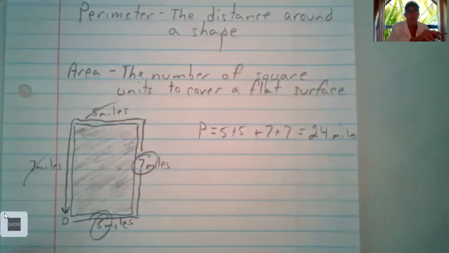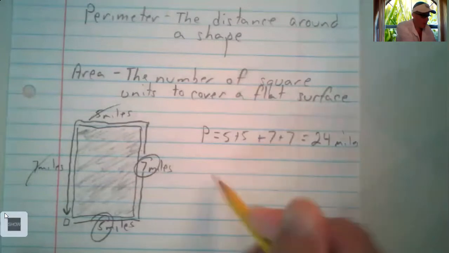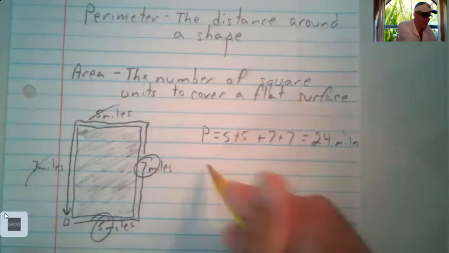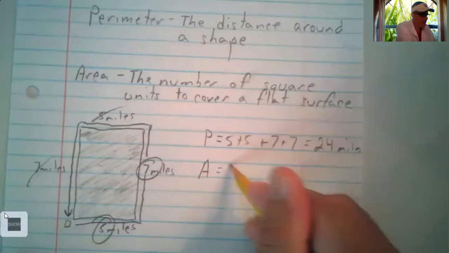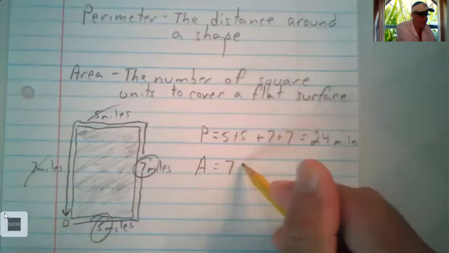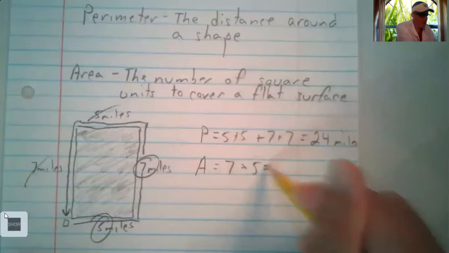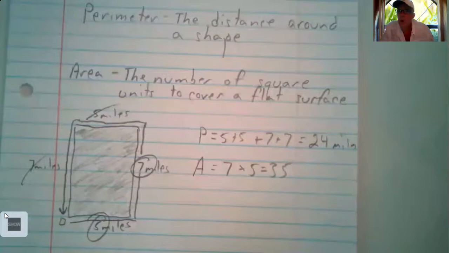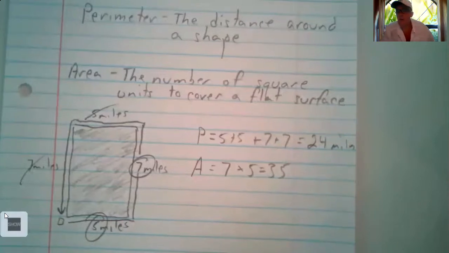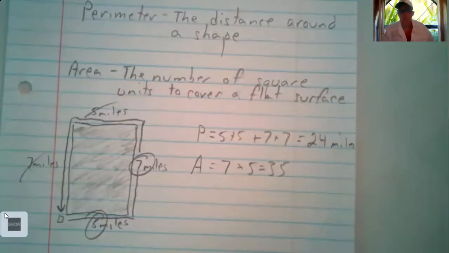I need the length of one side times the width of that shape. So area equals length 7 times width 5, which we all know is 35. 35 what? Miles? No. Square miles.